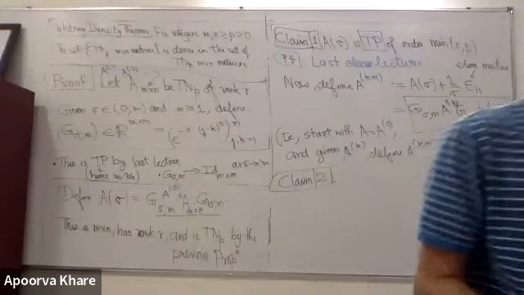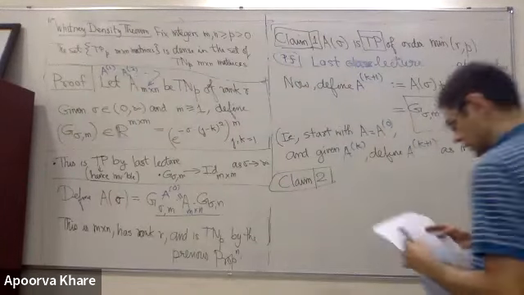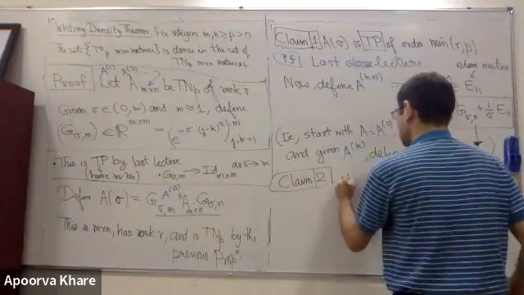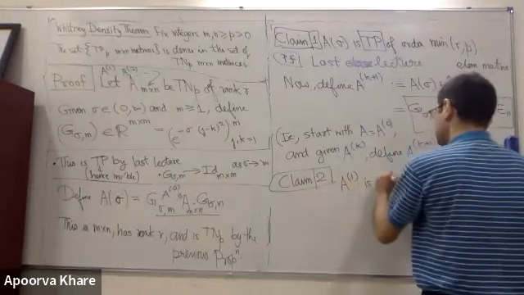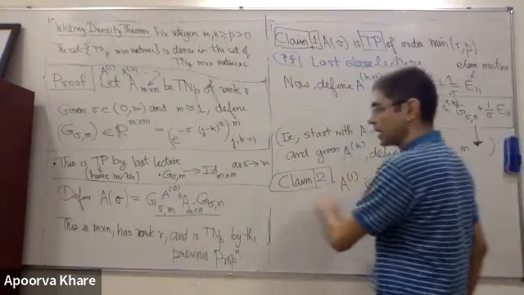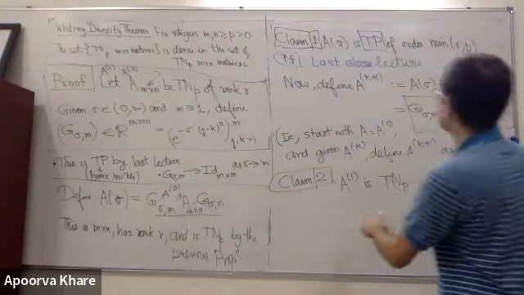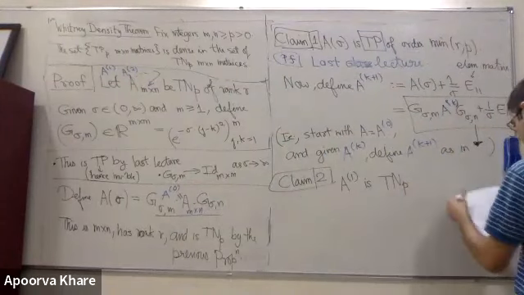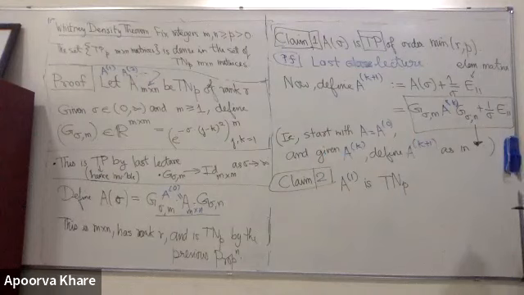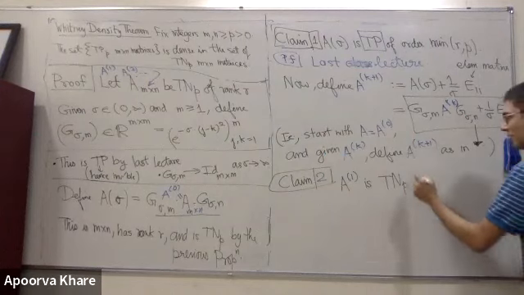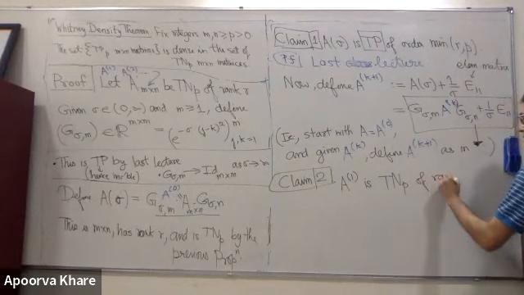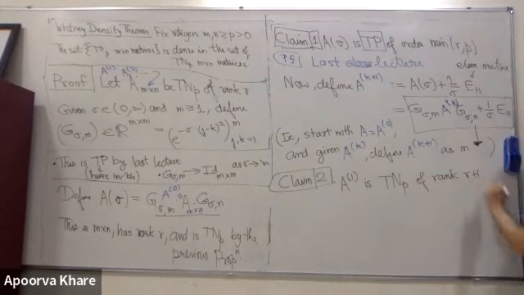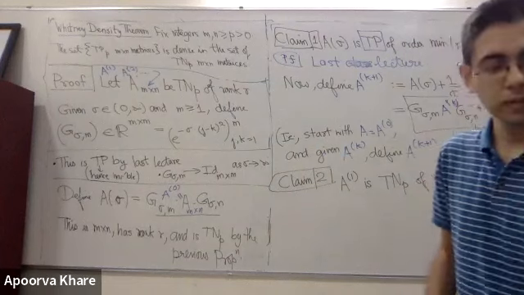A1 is TNP. It is still TNP, of rank R plus 1.